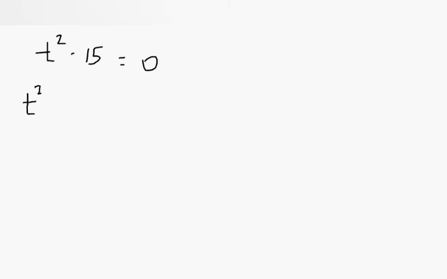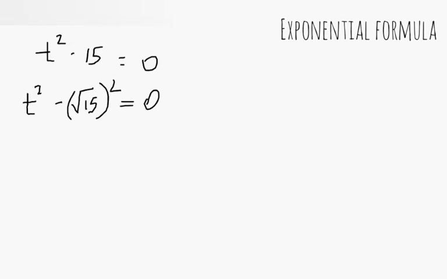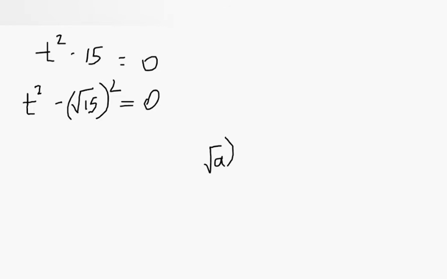Since it is square and minus, what we do to this 15 is write it as root 15 square equals 0. Now why did I write 15 as root 15 square? There's an exponential formula. If a root number, suppose x, is squared, it will be equal to x only.